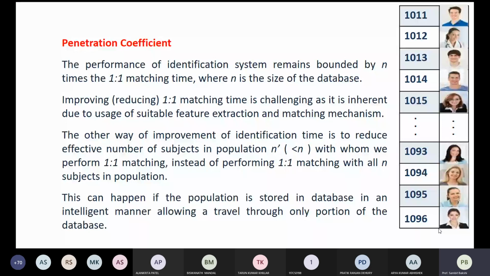The whole database is not linearly ordered. If we do not want to do that, from simple knowledge of data structures, can you tell me: if I store the whole data linearly, how can I design it differently? Is there any other data structure where you do not go exactly linearly, but can travel only a part of the data?